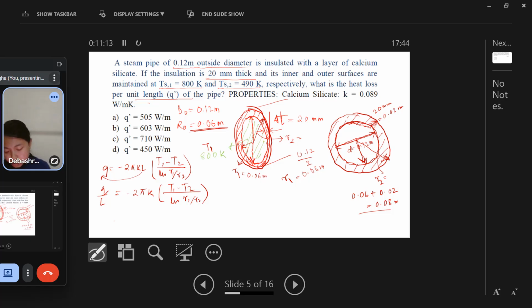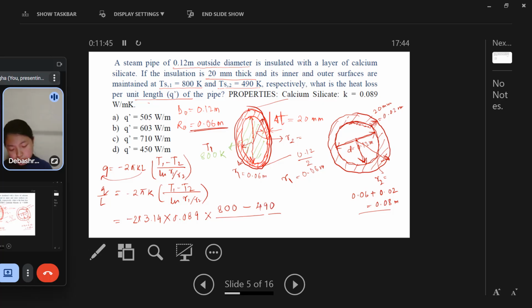So if you incorporate all the values here, minus 2 into 3.14 into K, which is around 0.089, into T1 minus T2. 1 is inside, so inside T1 is 800 minus T2. 2 is outside, outside temperature is given to be around 490.